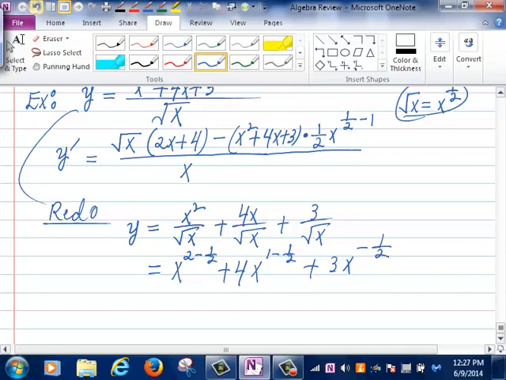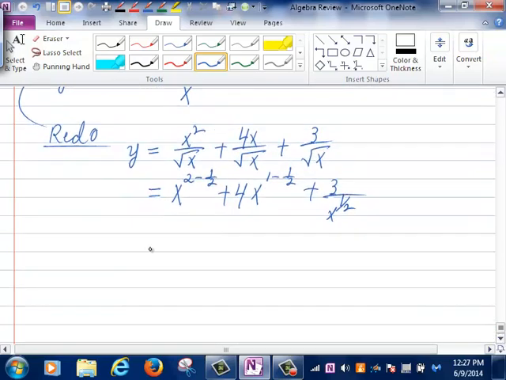Maybe I'm going to write one more line here. 1 over x to the half is what I have. And what do I have then? I have actually 2 minus a half is what? 2 minus a half is 3 half. And plus 4 times, this is actually x to the half, plus 3 times actually x to the negative half.